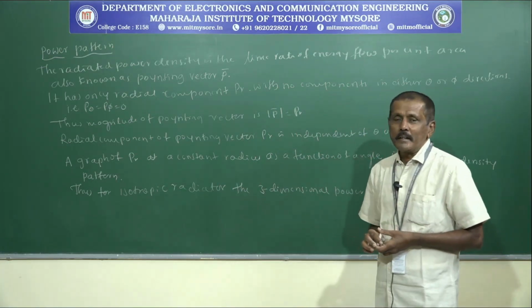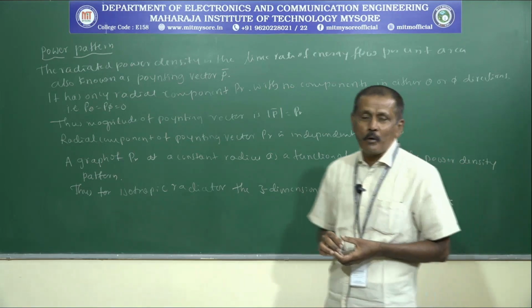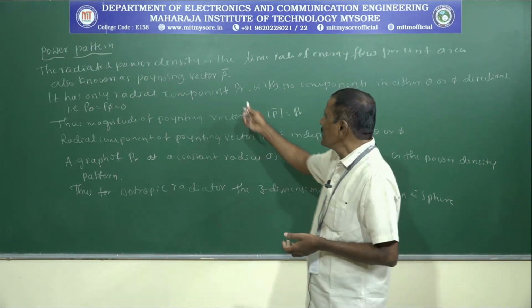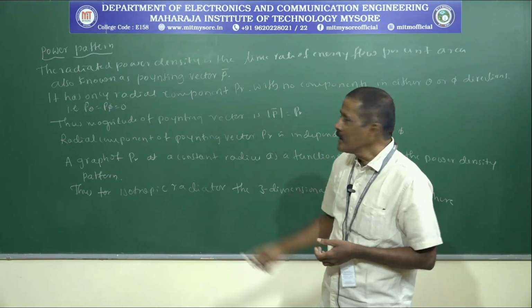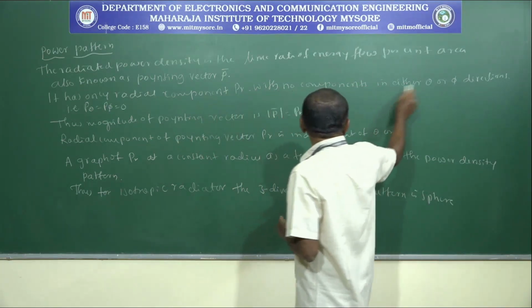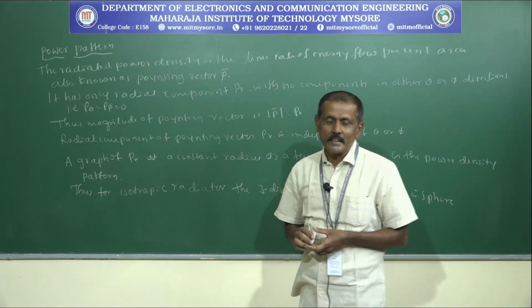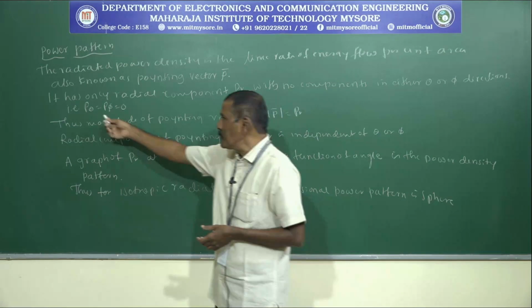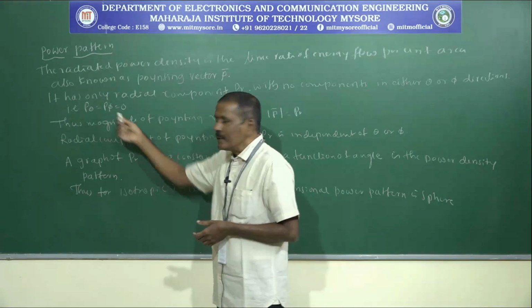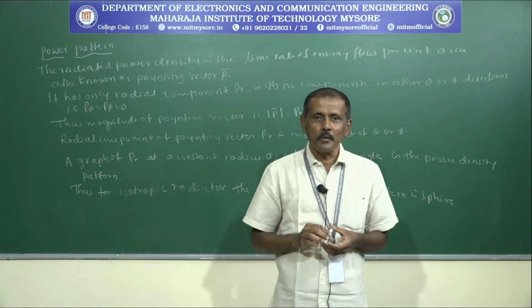And this Poynting vector has only a radial component P_r, with no component either in the theta direction or the phi direction, that is your horizontal direction and the vertical direction. Therefore, P_theta is equal to P_phi is equal to 0.